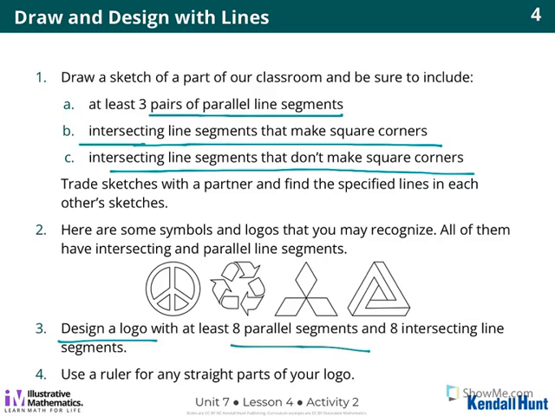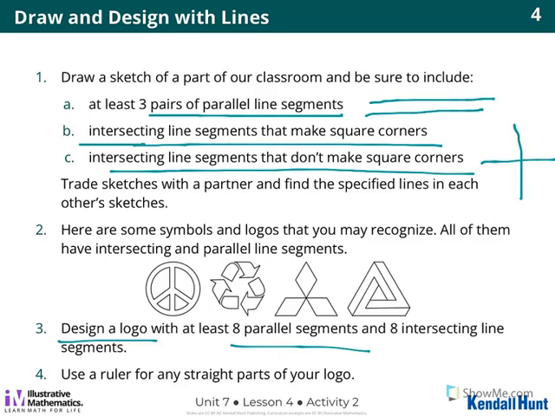All right, so couple of things. Everybody probably drew something different. So I just want to review with you guys. Parallel lines never ever intersect, right? And it does not matter how long or short they are. Intersecting line segments that make square corners are called perpendicular lines.